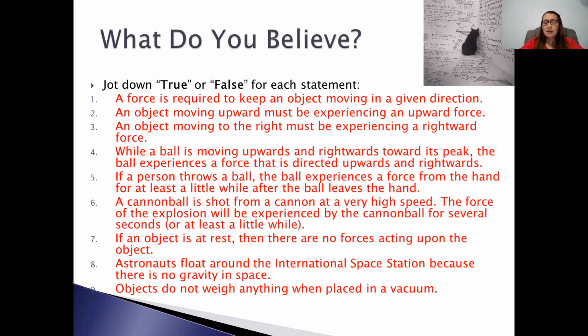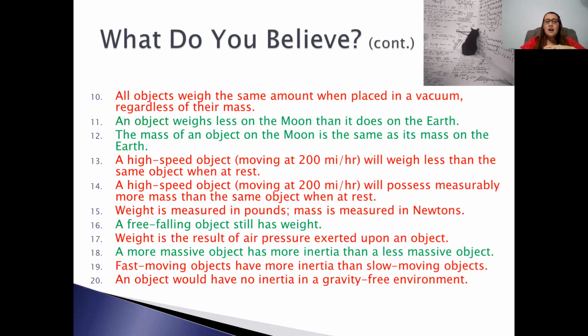There has to be gravity in space, because if not, there would be nothing keeping the planets in orbit around the sun. We would all just fly off in random directions, and that would be no good. So there has to be gravity in space. That's definitely not the reason why astronauts are floating in the International Space Station. We'll talk about that.